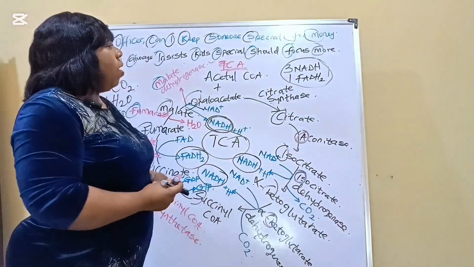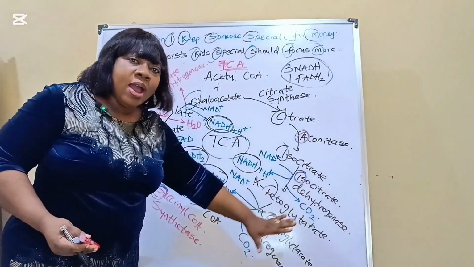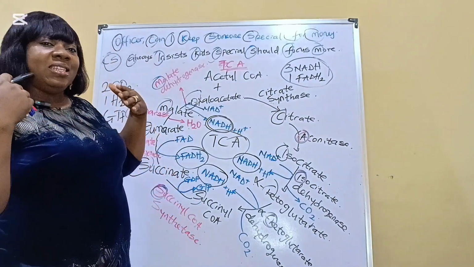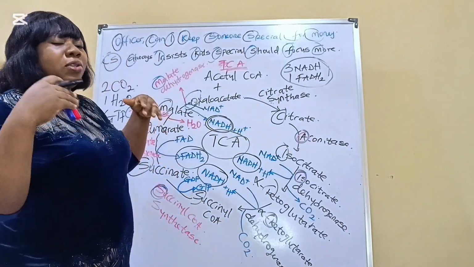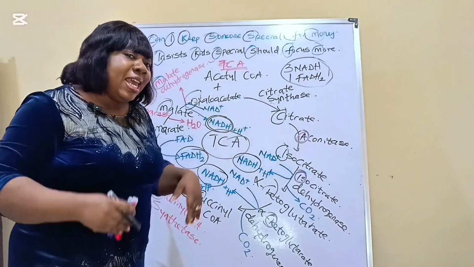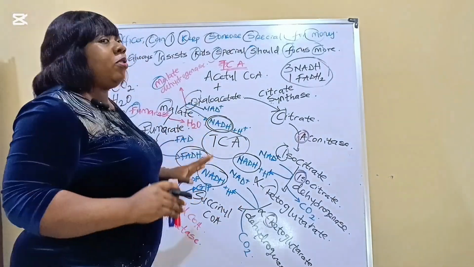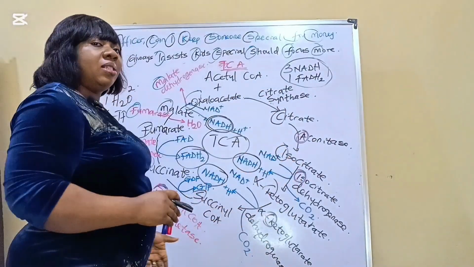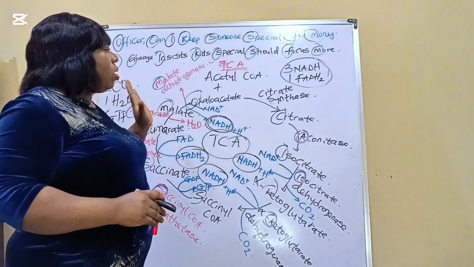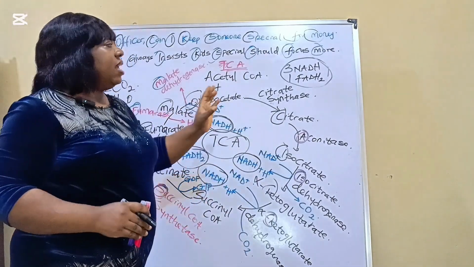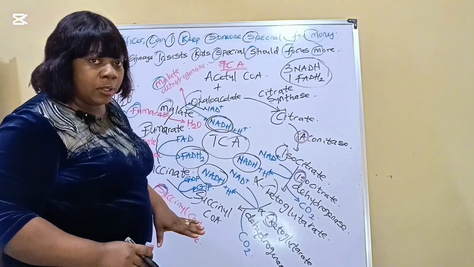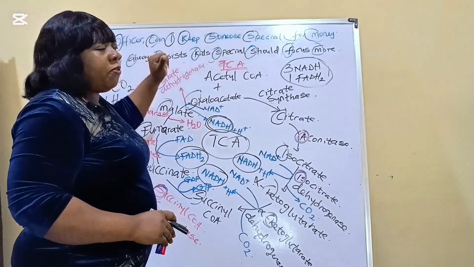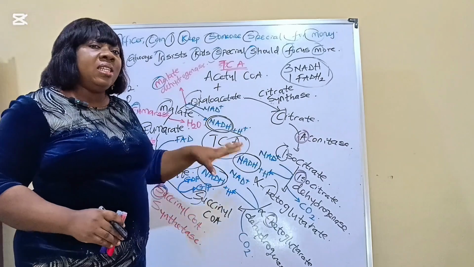I hope by now we understand everything about the Krebs cycle, which is also known as the citric acid cycle, which is also known as the tricarboxylic acid cycle. Thus far in this class, we've looked at the TCA cycle. We looked at all the intermediates, the enzymes, then the products, and we also included class tips for us to know each of these intermediates.